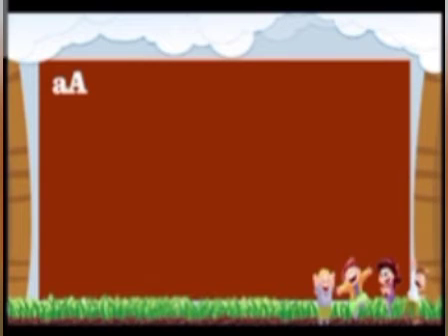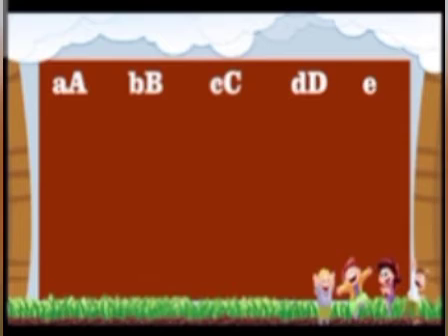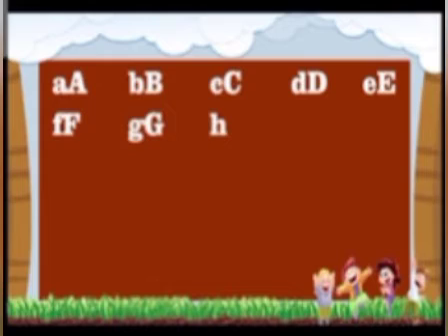A. Small b, capital B. Small c, capital C. Small d, capital D. Small e, capital E. Small f, capital F. Small g, capital G. Small h, capital H. Small i, capital I.